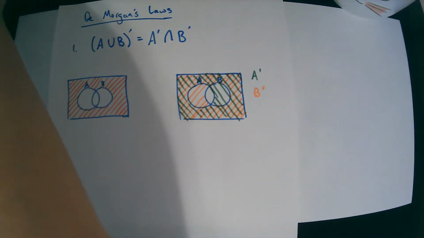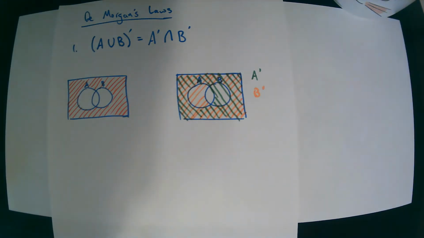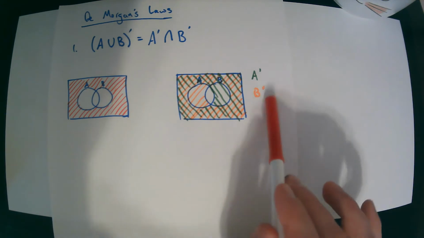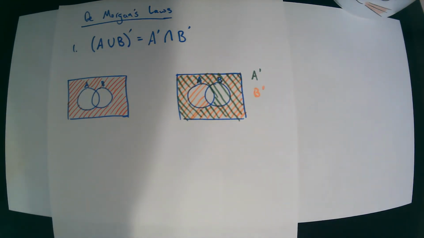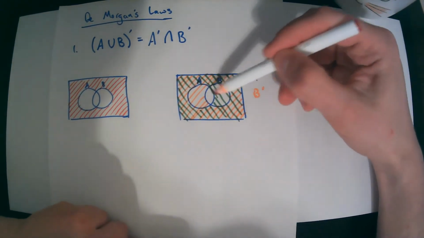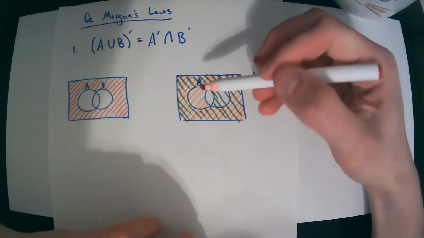Now let me ask you this. Where are the orange and green lines intersecting? Where is their intersection? It's everywhere outside of these circles, isn't it?